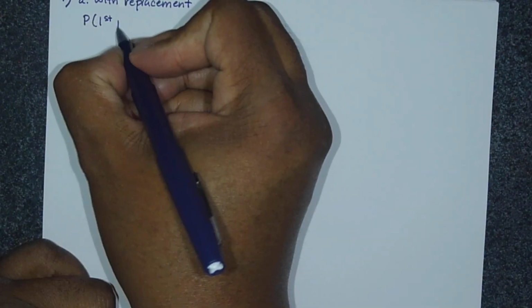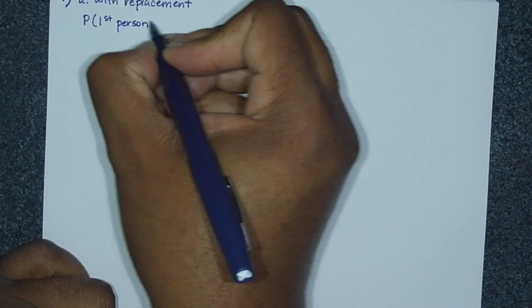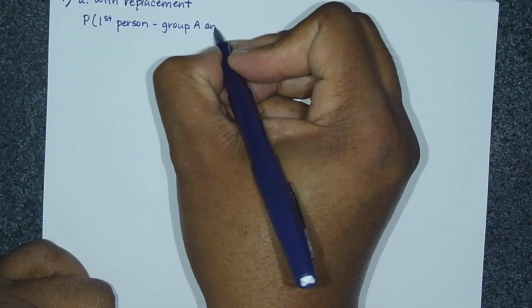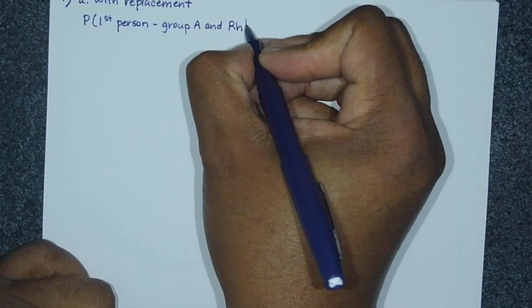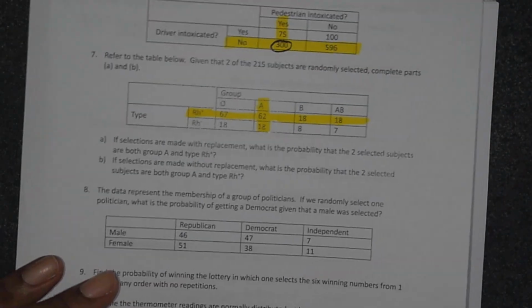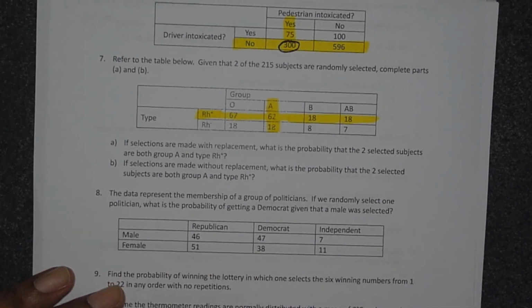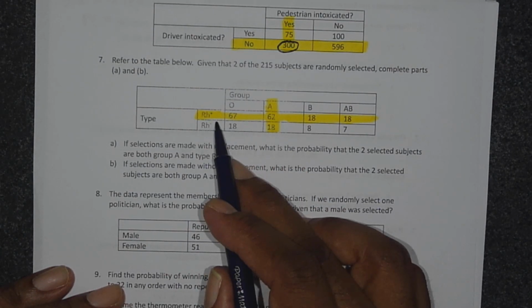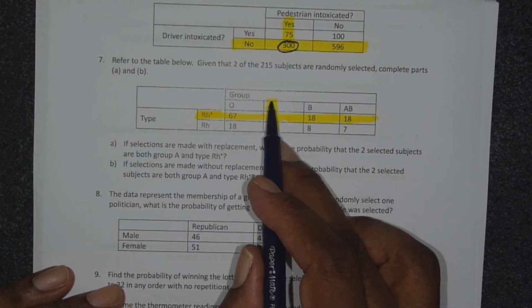So that means the probability that the first person is from group A and RH type, group A and RH plus. What's that number? 62. I just highlighted RH plus and then group A, the intersection: 62.